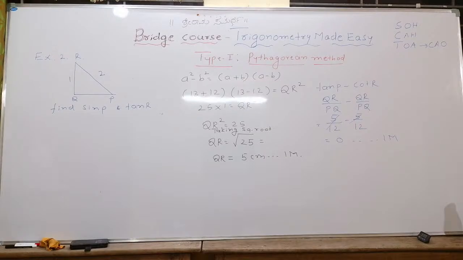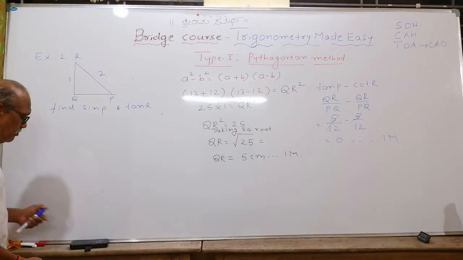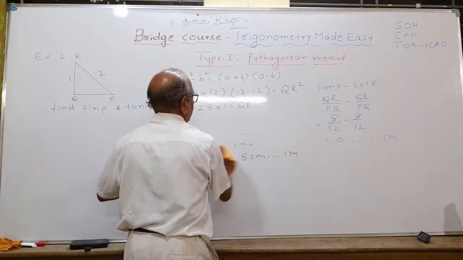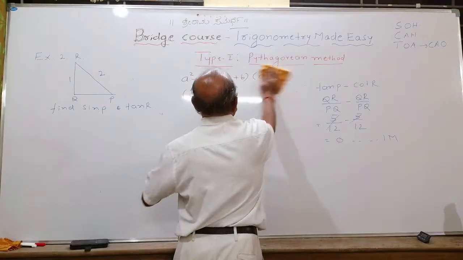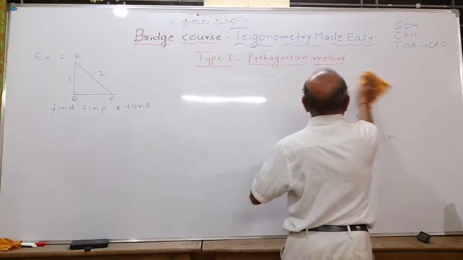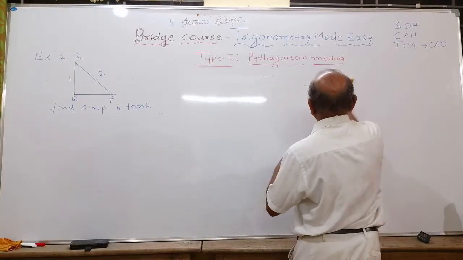Sin P, tan R, right? Take 1 minute. Try to get the answer. What will be QR? First of all, you tell me what is the value of QR you got using the first step, Pythagoras theorem. You open your notebook, work here. Try this problem.